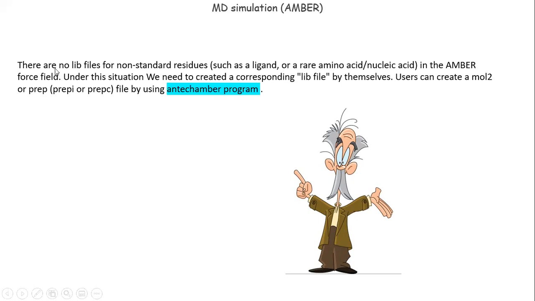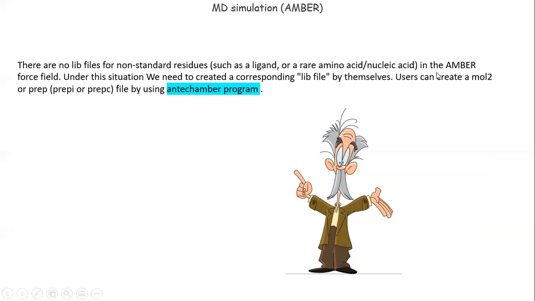As I mentioned, there is no lib file for non-standard residues such as ligands and rare amino acids. For example, in the upcoming project that I will give you, you have to care for specific rare amino acids in Amber. For having a specific coordination, you need to learn how to treat these rare amino acids.